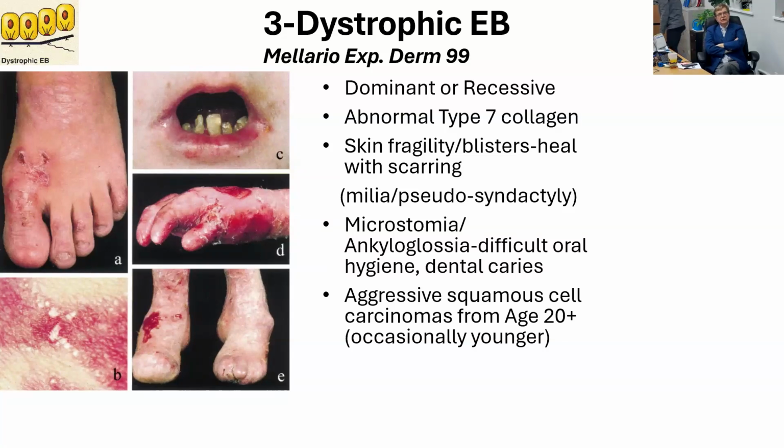They get skin fragility, and their hands and feet fuse together. You can see that at the bottom with time. They get microstomia, a very small mouth opening, difficult oral hygiene, and dental caries. When they get into their 20s and 30s, they get aggressive squamous cells, and that will often kill these individuals.